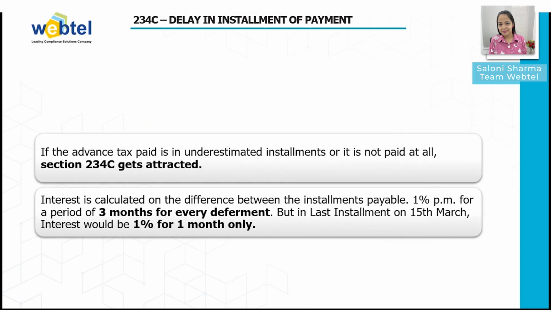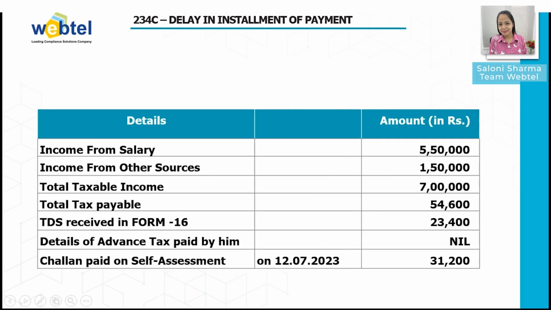And if they delay, if the advance tax paid is underestimated or it is not paid at all, then it attracts section 234C. And interest is calculated on the difference between the installments payable. 1% per month interest would be charged for a period of 3 months for every deferment, but in the last installment on the 15th March, interest would be calculated at the rate of 1% for 1 month only.